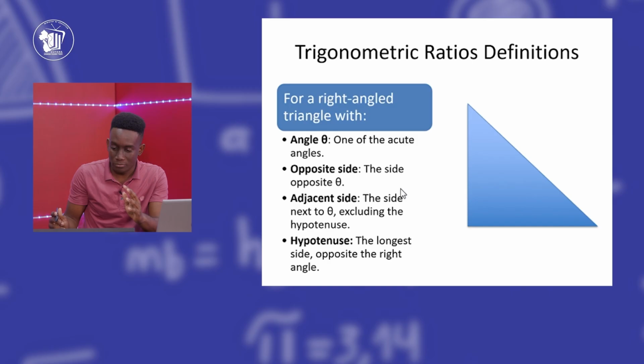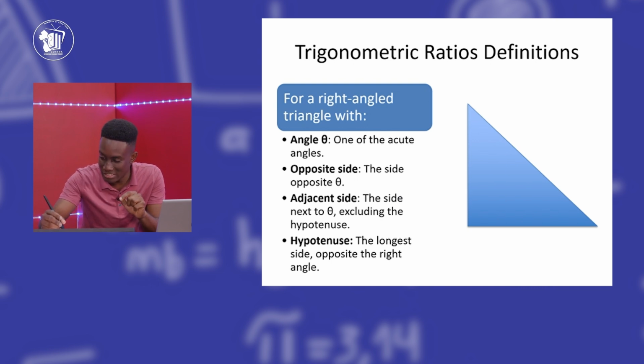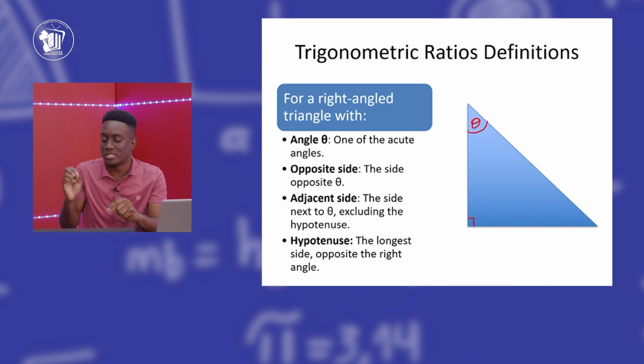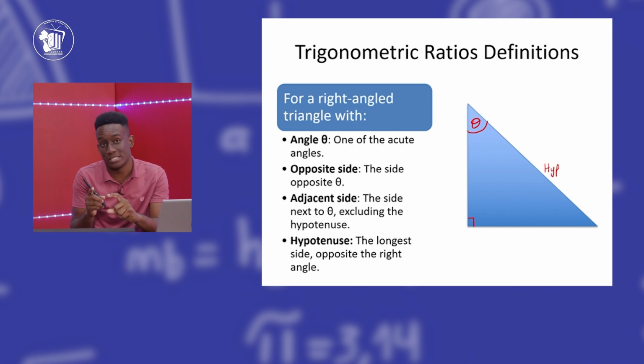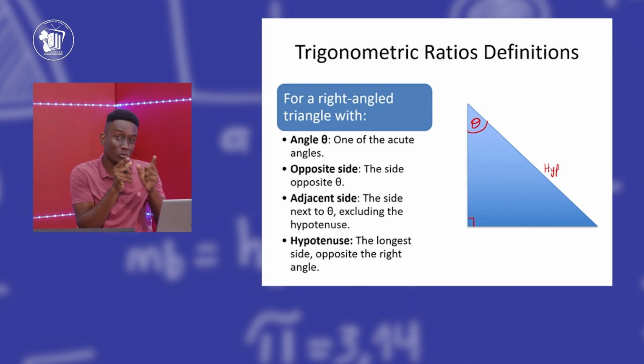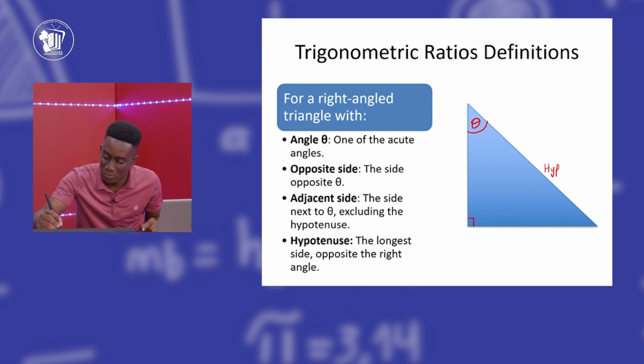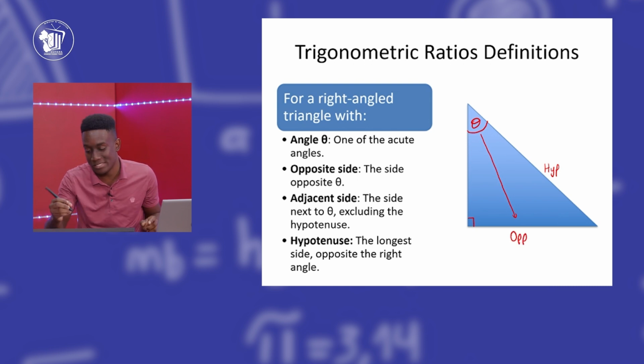So the angle that we want to find in this case, we will consider that angle to be theta. So let's just say theta is here and here is the right angle. The side opposite the right angle, we refer to that as the hypotenuse, and the side opposite theta, which is the angle that we want to find, we will call the opposite, and the remaining side will of course be the adjacent side.